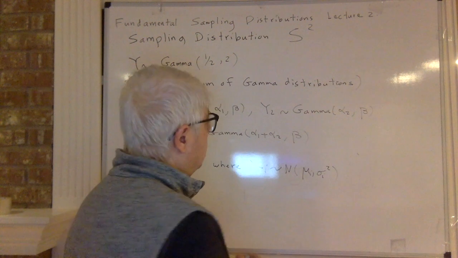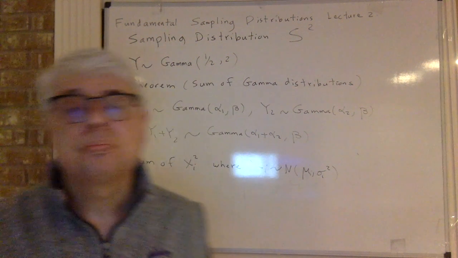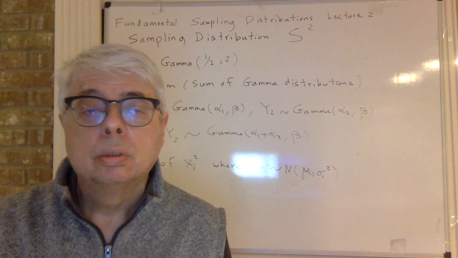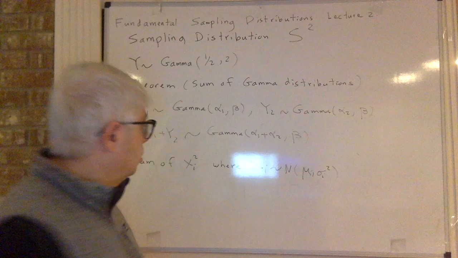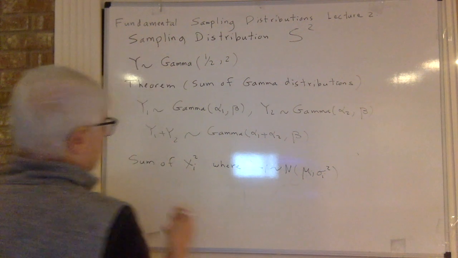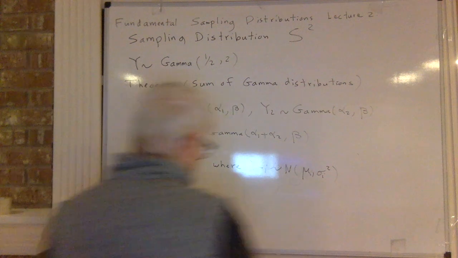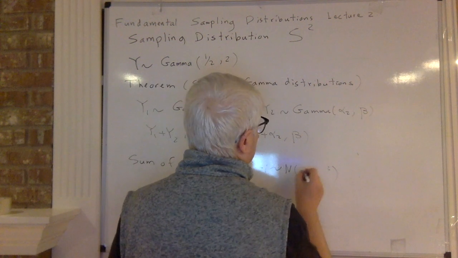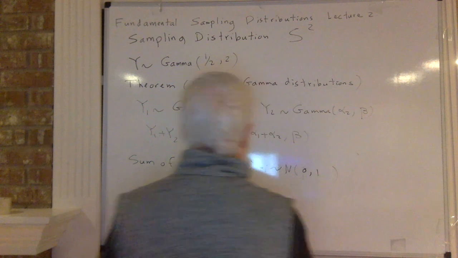Actually, each one of them should be standard normal, N(0, 1), because that was the setting.